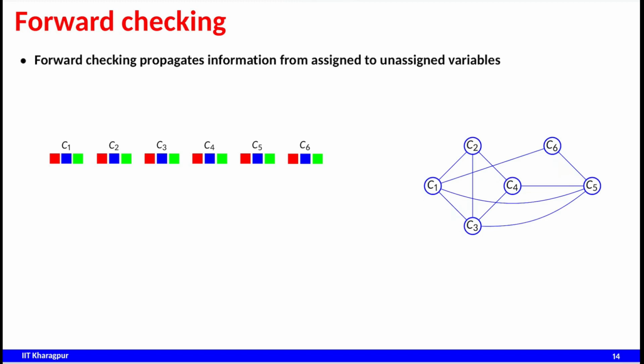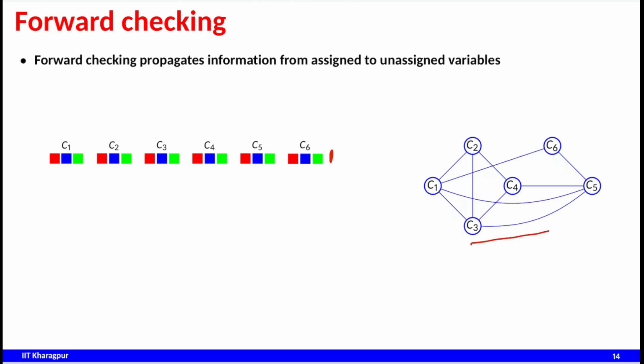For example, this is the examination scheduling problem, and this is the constraint graph that you can see here. We have all the variables initialized with red, green and blue.